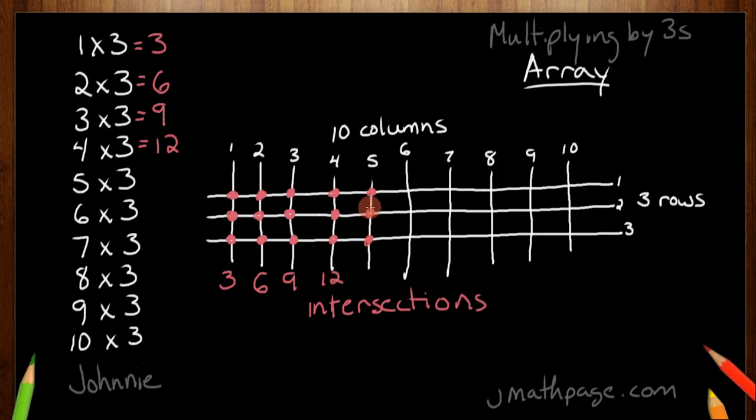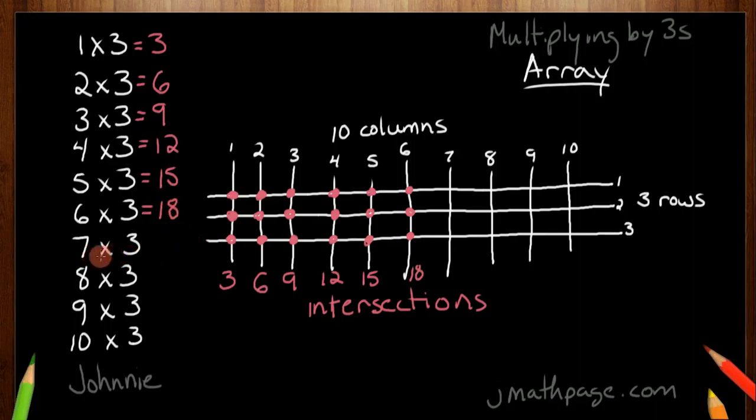Okay, 12, 13, 14, 15. All right, so 5 columns, 3 rows, 5 times 3 gives us 15. Let's look at 6 times 3. 6 columns and 3 rows. Counting on, 15, 16, 17, and 18. We'll call this one 18. So 6 times 3, or 6 columns and 3 rows, gives us 18 intersections.